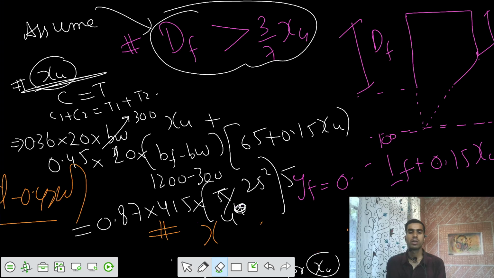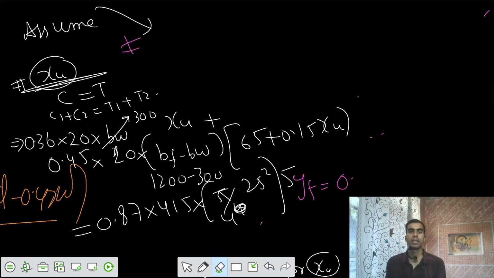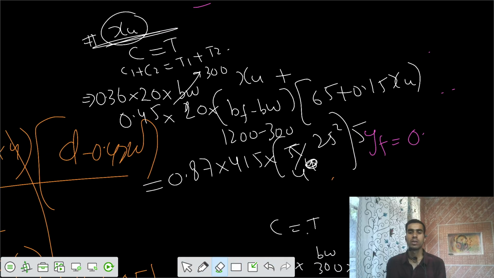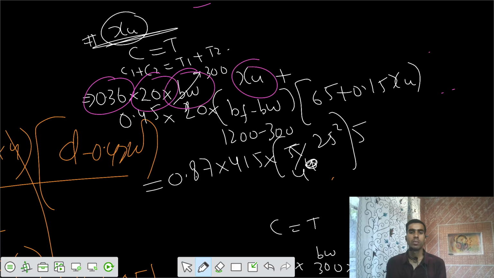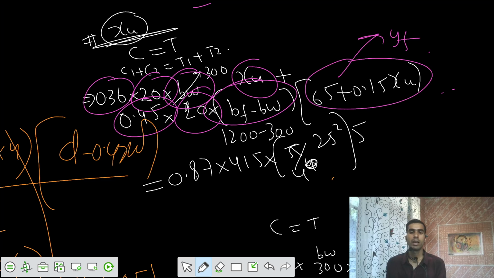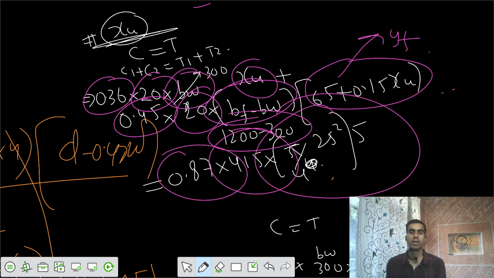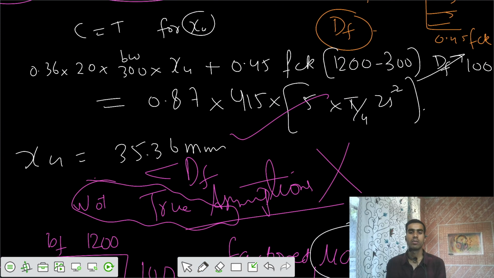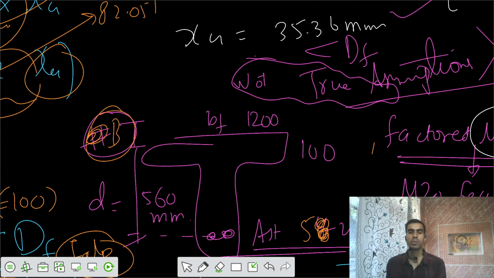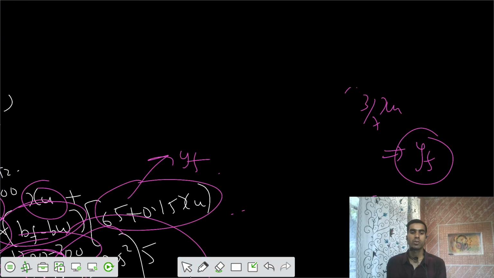Did you get it? I think you can get it. So this is our equation: C1 plus C2 equals to T1 plus T2, 0.36 fck bw xu plus 0.45 fck (bf minus bw) yf, and this is equal to 0.87 fy Ast, 5 bars of 25 diameter. Corresponding to that, you would get a value of xu finally.